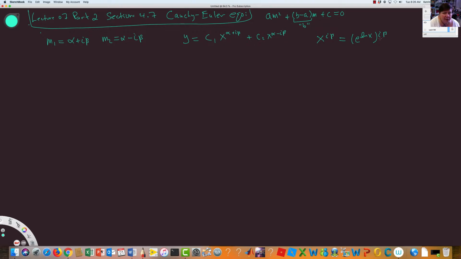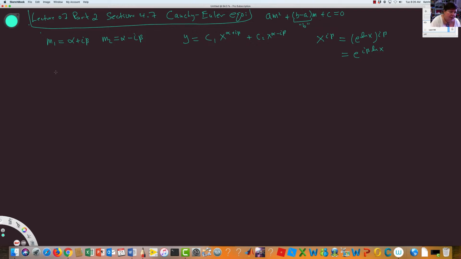Because e to the ln x is just x, and then the whole thing is to the i beta. So that's very cool, because I can now write that as e to the i beta ln of x. So that's really a nice thing.